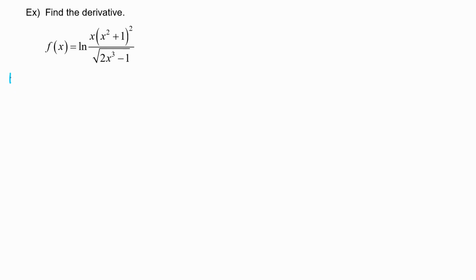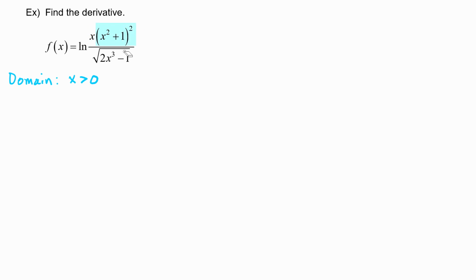Let's take a look at our domain. We know that we need this entire rational expression to be greater than 0 to satisfy the domain requirements of the natural log. So as we look at each piece, the x in the numerator will have to be greater than 0.